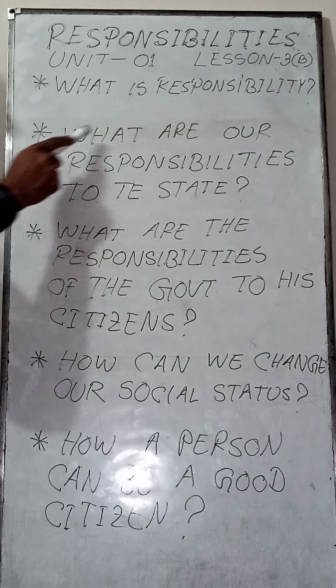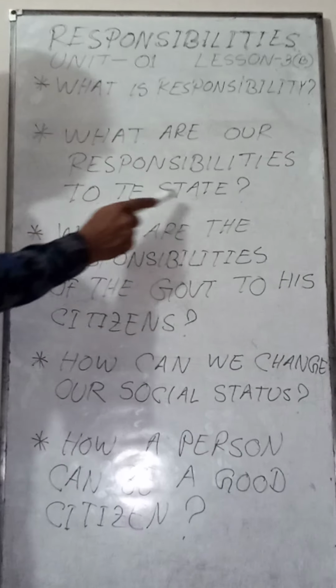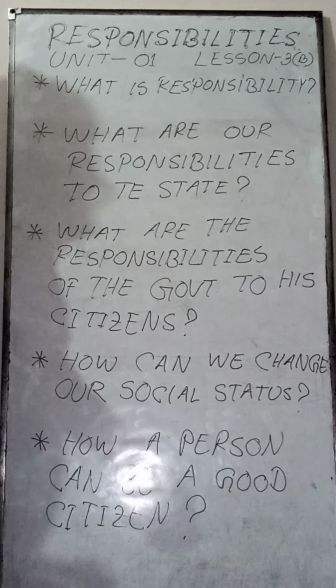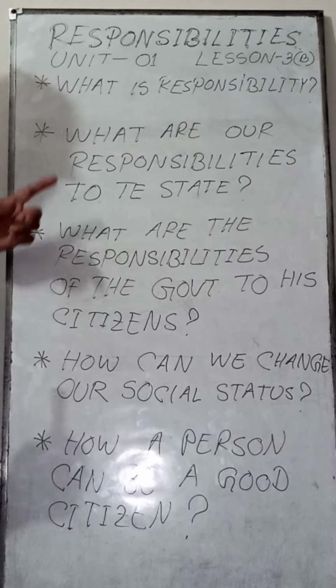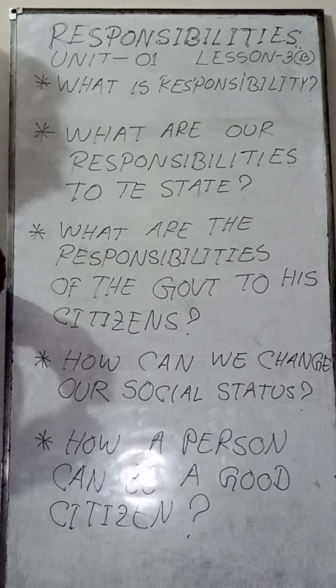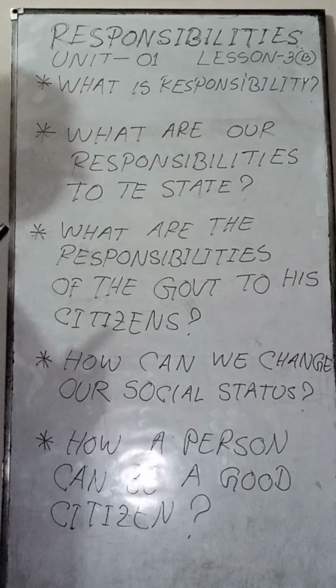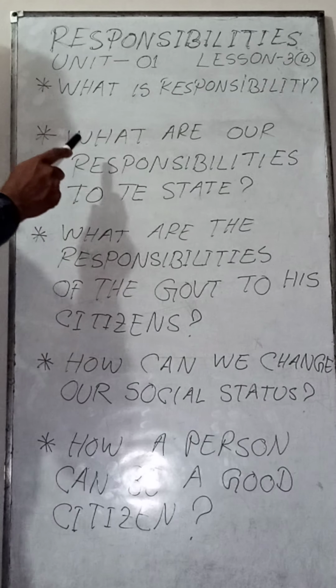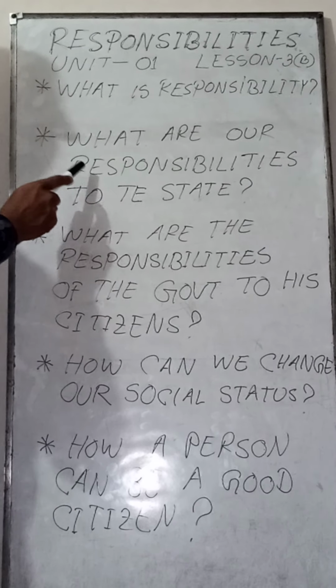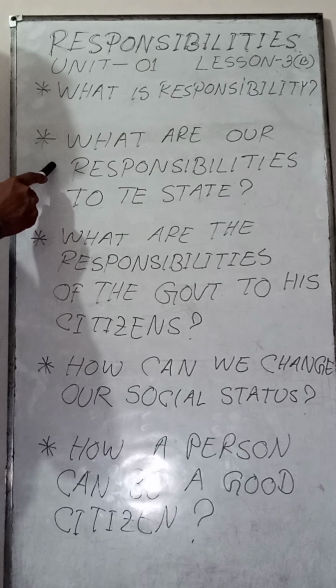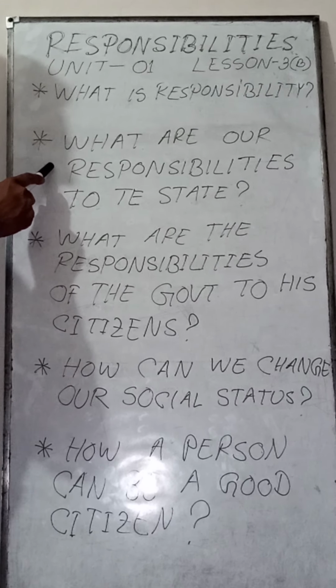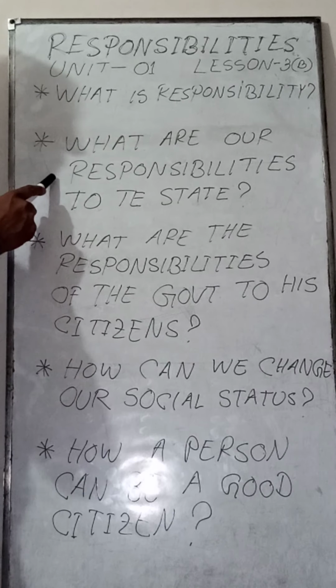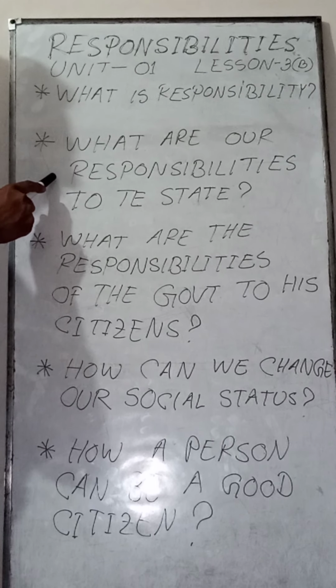Second point, what are our responsibilities to the state? There are many responsibilities to the state. We should apply voting rights if we are 18 or above. And we should not damage our environment.